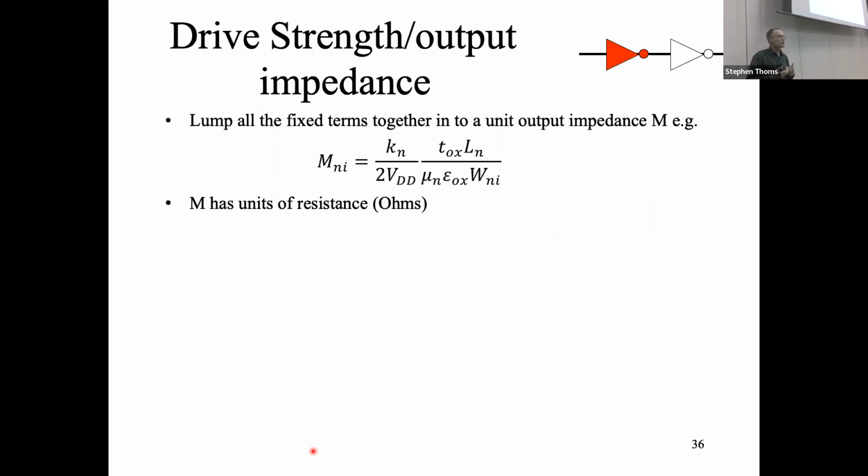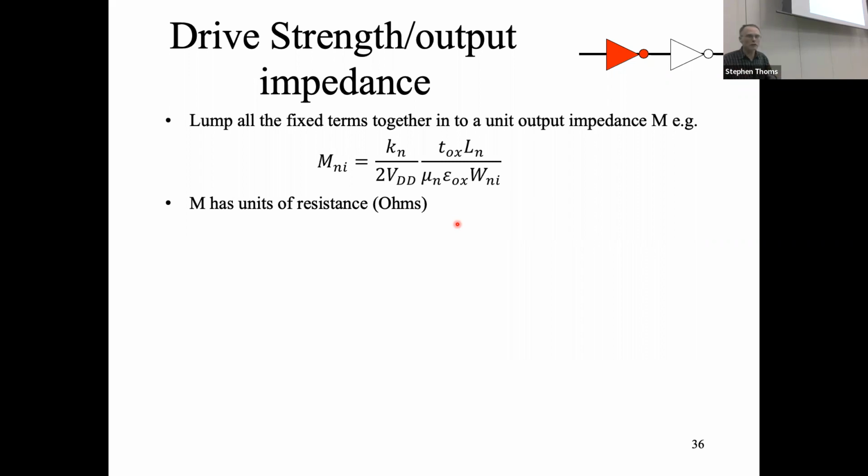There are quite a few terms in that. So just to make life easy for ourselves, we can lump a whole series of the fixed terms together in a single term, which is an impedance M. This impedance M contains our constant K, VDD, the oxide thickness and so on.